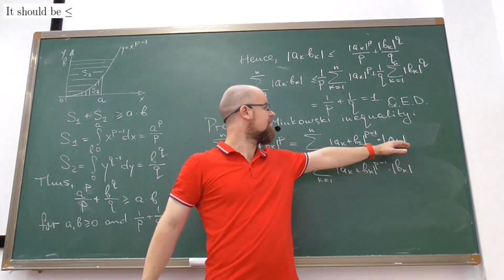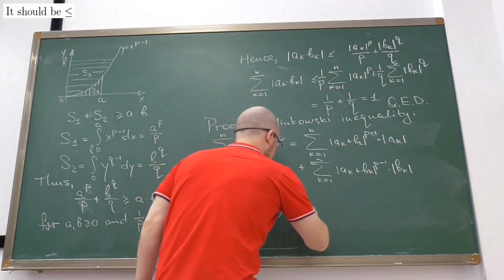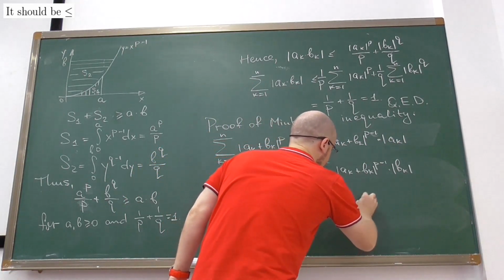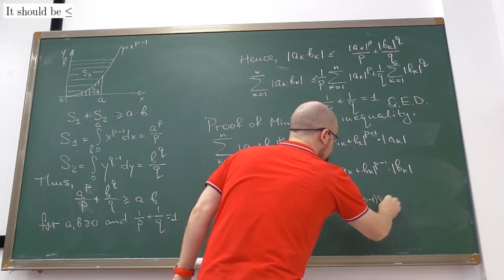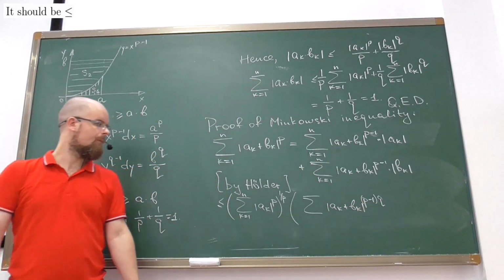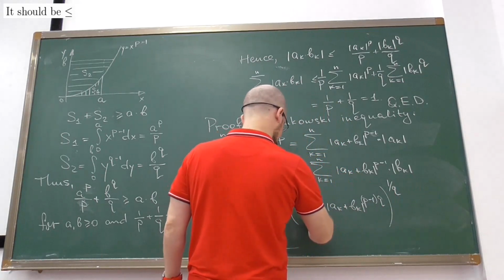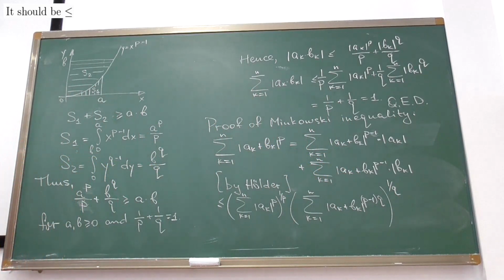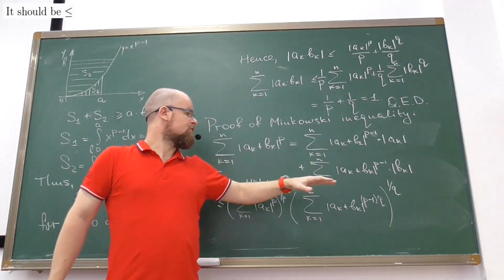So this is taken as a first term in Hölder and this one as a second, (p minus 1), and all raised to the power of q, 1 over q. So we have applied the Hölder inequality for the first term for this expression.